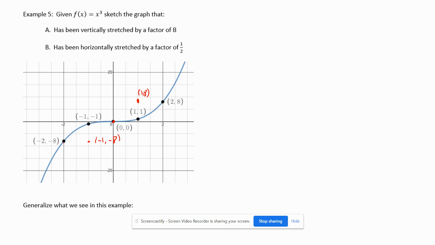And then negative 2, negative 8 is going to come way down over here. So this graph's going to look something like this. Okay, so I'll call this y equals 8 f of x. Okay, so here's my vertical stretch by a factor of 8.